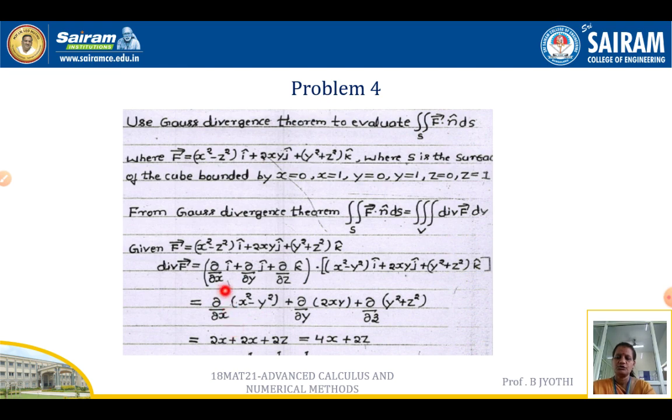This is a dot product, so dou by dou x of the i component plus dou by dou y of the j component plus dou by dou z of the k component. So dou by dou x of x square minus y square will be 2x, and dou by dou y of 2xy is also 2x. Dou by dou z of y square plus z square is 2z. So we will be getting 4x plus 2z, that is div f.